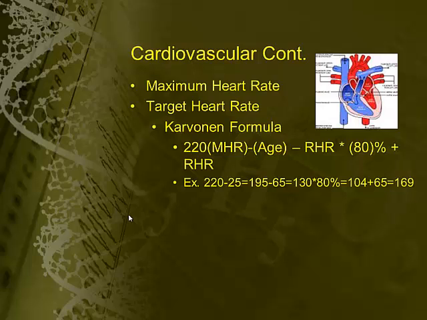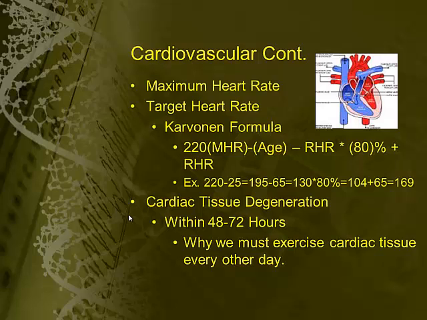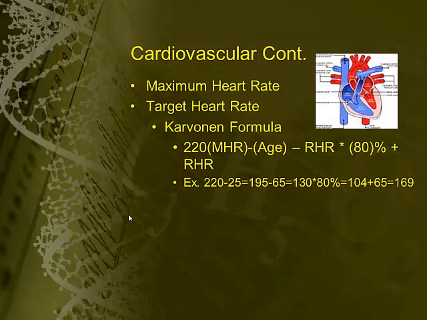This is a little different than just doing your age-based maximum times 80%. It makes it more personal because it takes in your resting heart rate. What I tell people is they need to be between 65 and 80%. Let me get into energy systems a little.